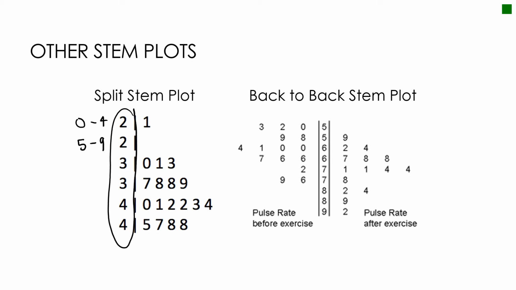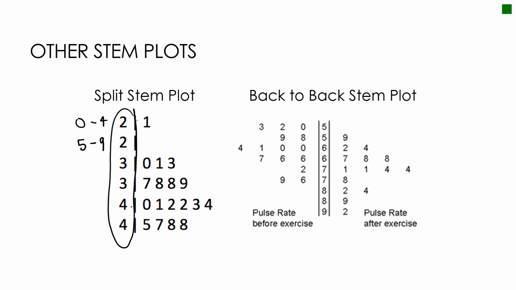It's a way to really see the distribution of data, because otherwise I would just have 3 stems, 2, 3, and 4, with a very short leaf here, and all of this would be together as one, and all of this would be together as one. So using a split stem plot on this one does tell us more about the data.